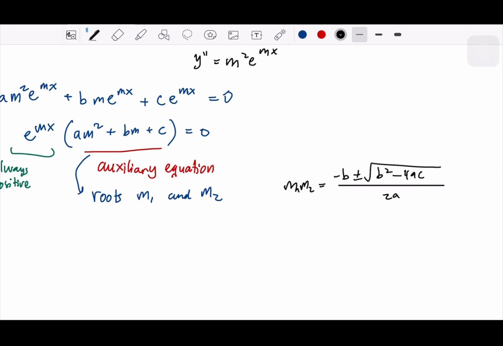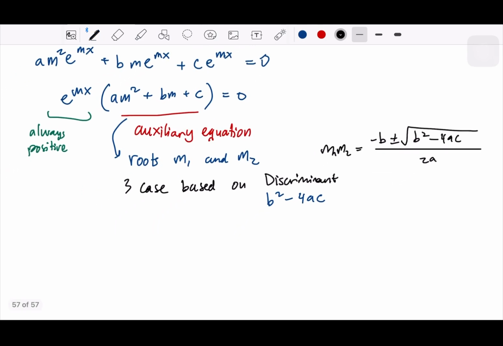That is also okay. So there will be three cases based on the discriminant, where the discriminant is b squared minus 4ac.